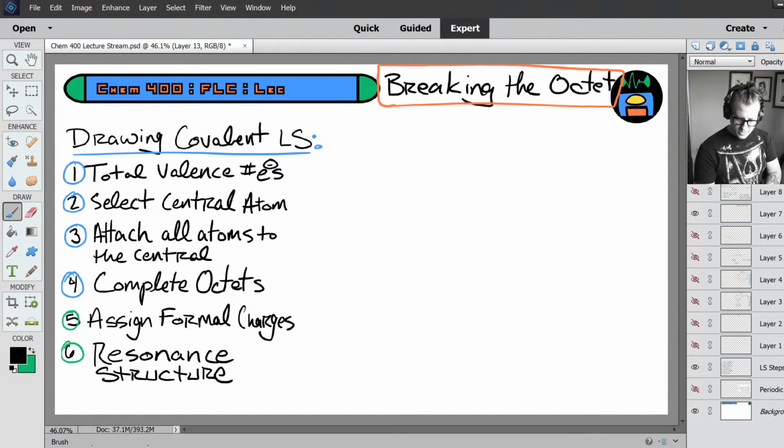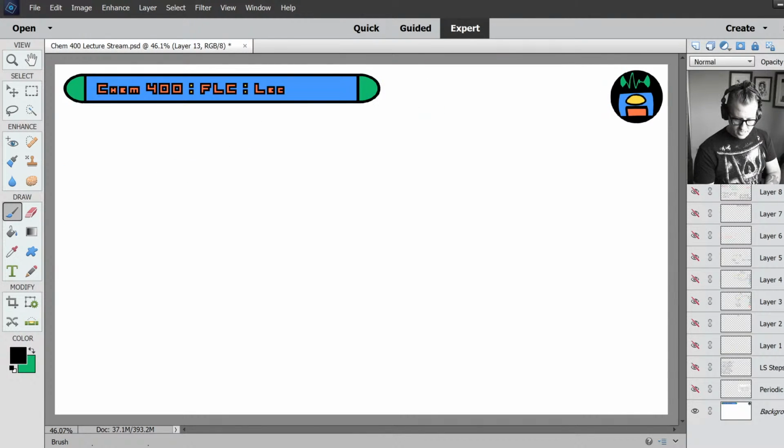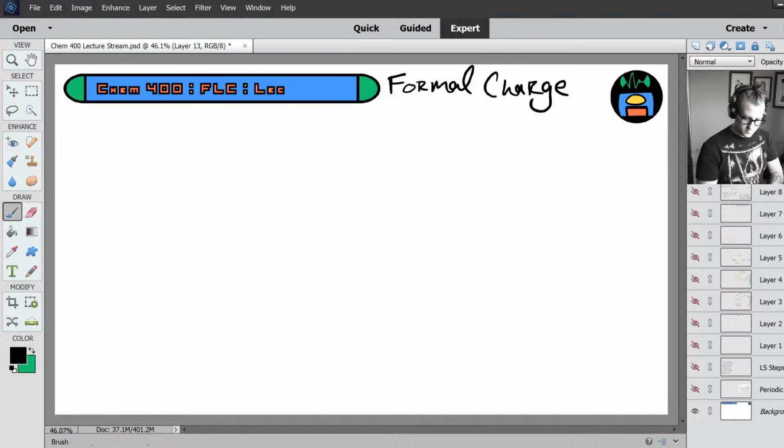We need to dig into formal charges, and then we'll be able to use this information about expanded octets.